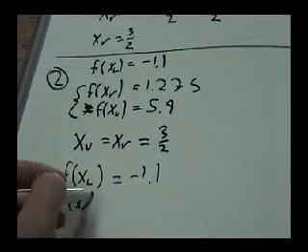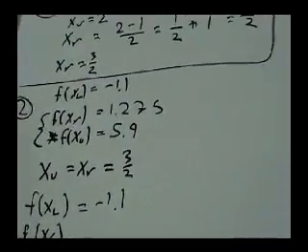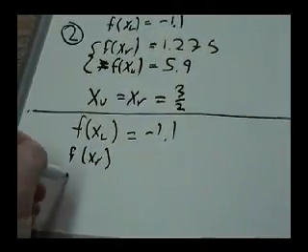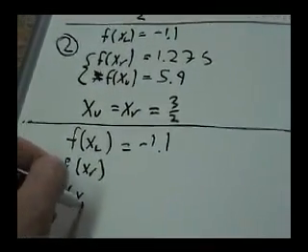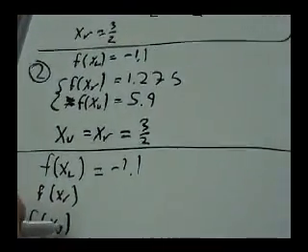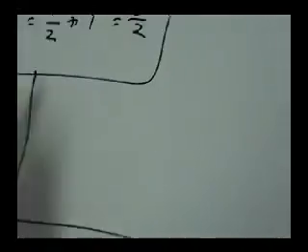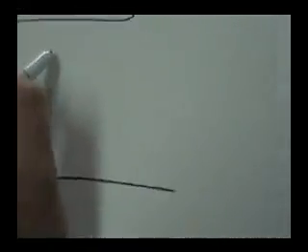And f of x upper is now equal to our old f of xr, which is 1.275. I just realized that I need to calculate a new xr.